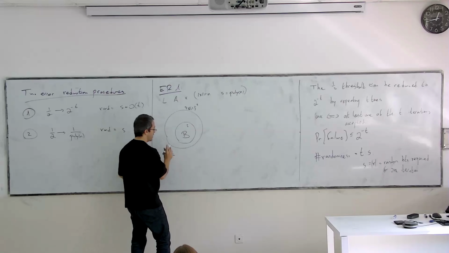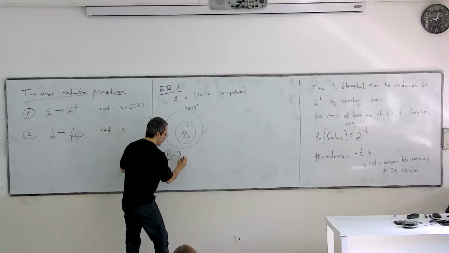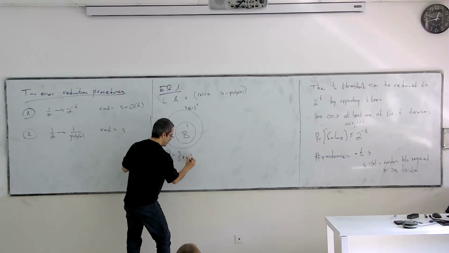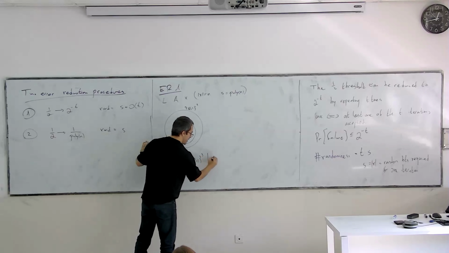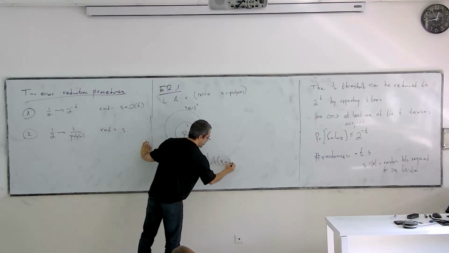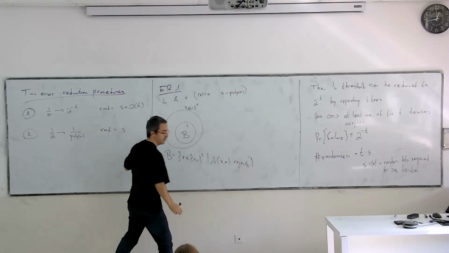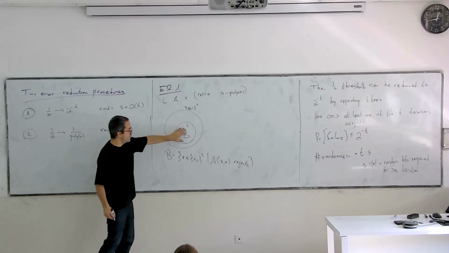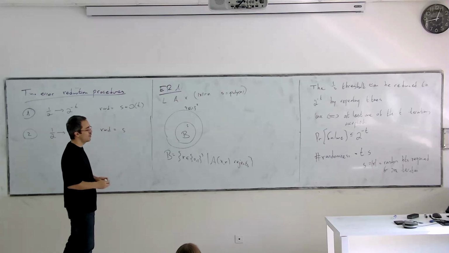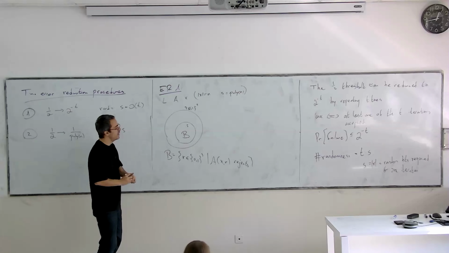So B, with respect to X, is all the choices of random string such that A(X, R) rejects. You want to accept, right? But some string will tell you X is not in the language.